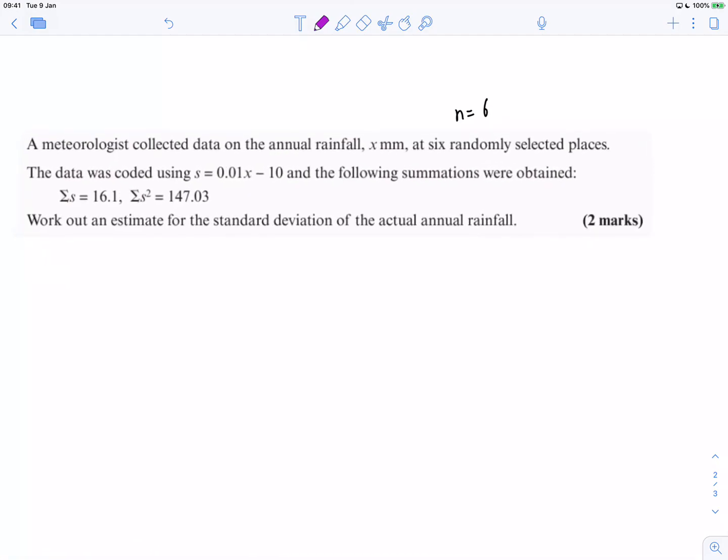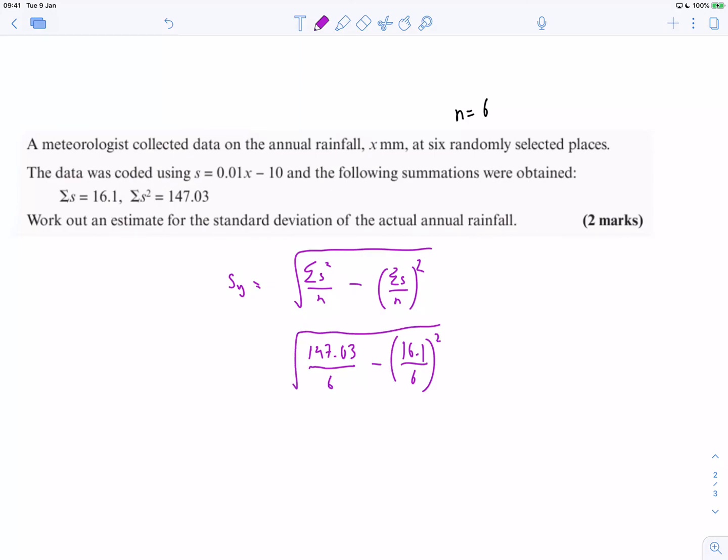Right, so let's work out the standard deviation of S first. It's going to be the square root of the sum of S squared over n, minus the sum of S over n, all squared. So the sum of S squared is 147.03, over n, which is 6, minus the sum of S, which is 16.1, over n, which is 6, and then that's squared. This is S_S.